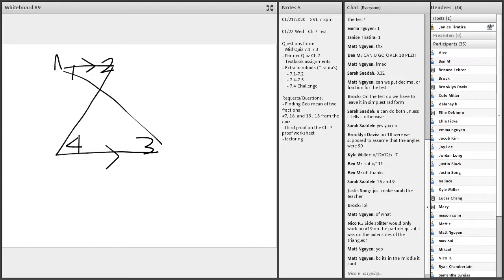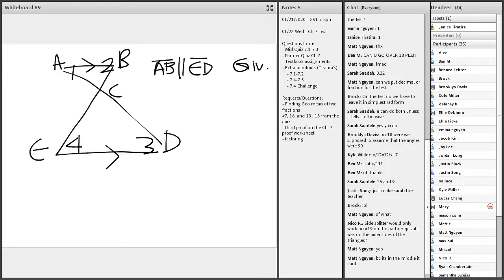Okay, so A, B, C, D. I'm just making one up that's similar to the test tomorrow. Let's say the given is AB is parallel to ED. It's given.